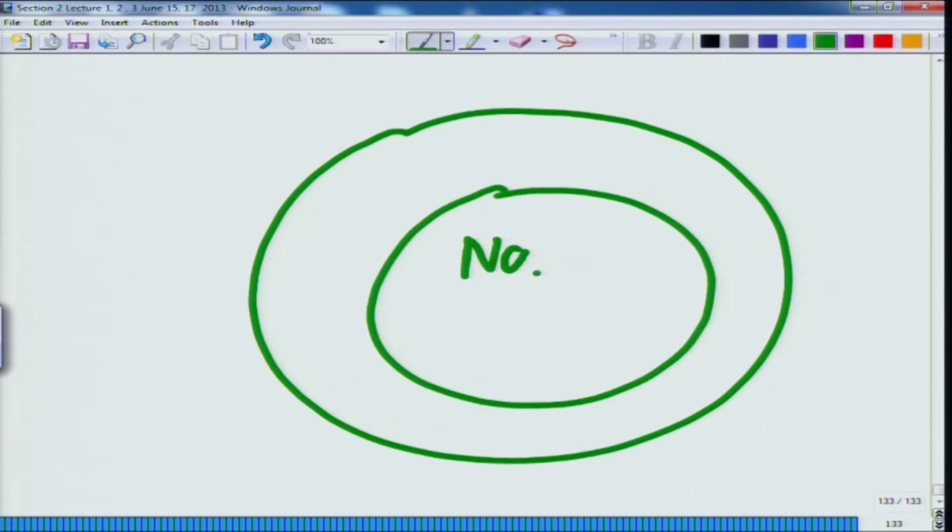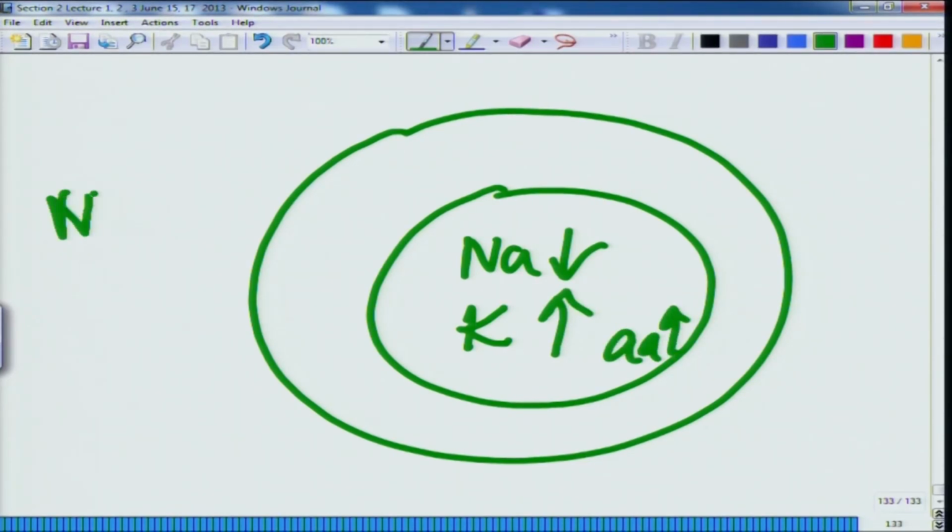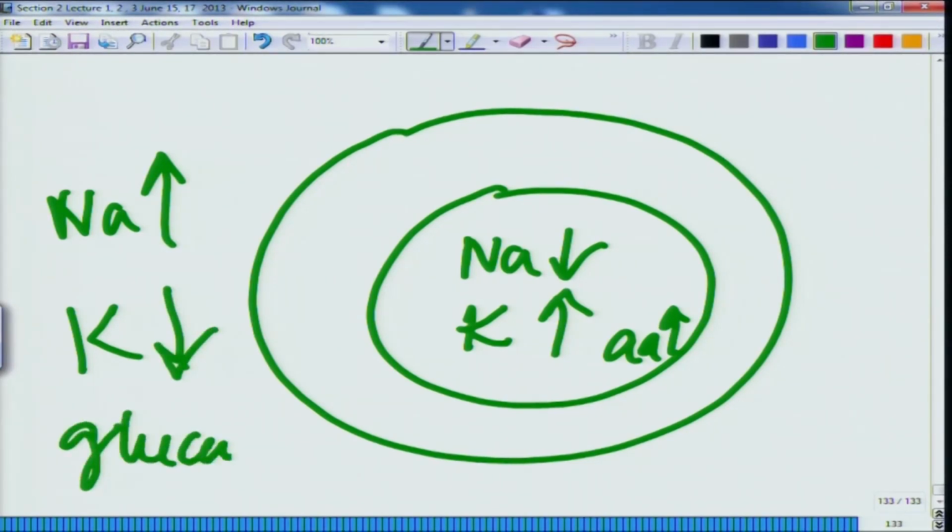Sodium will be lower inside the cell, potassium will be higher, amino acids will be higher. Outside, sodium will be higher, potassium will be lower, and glucose will be far higher outside the cell.